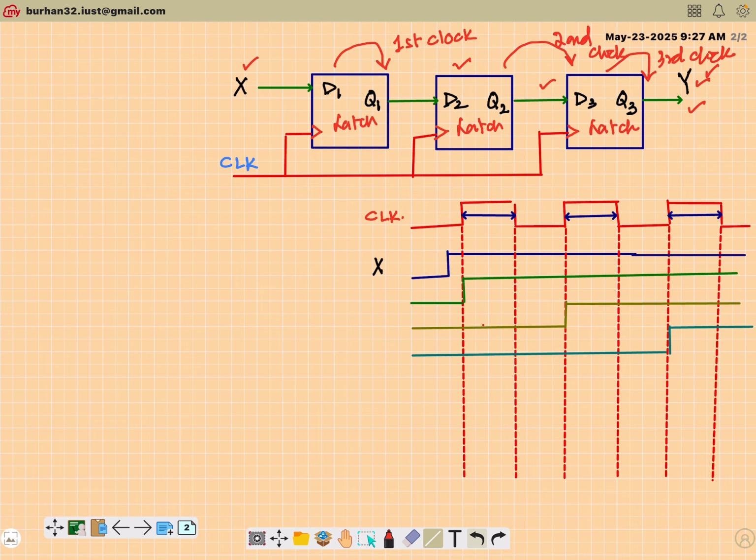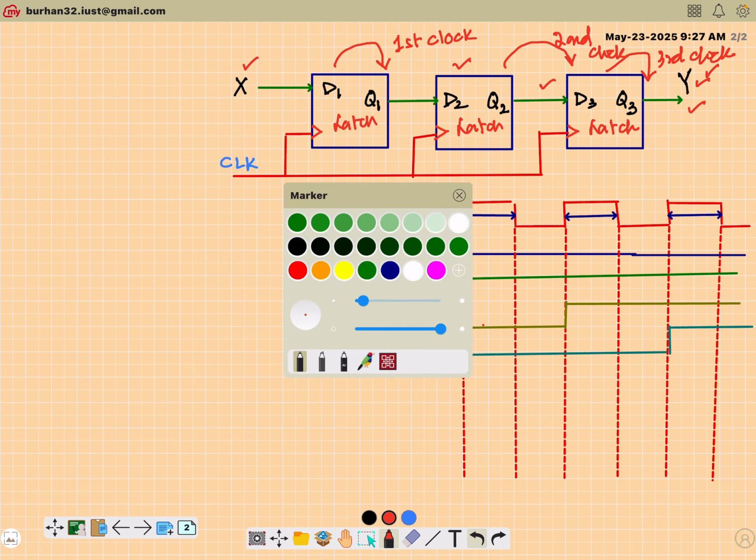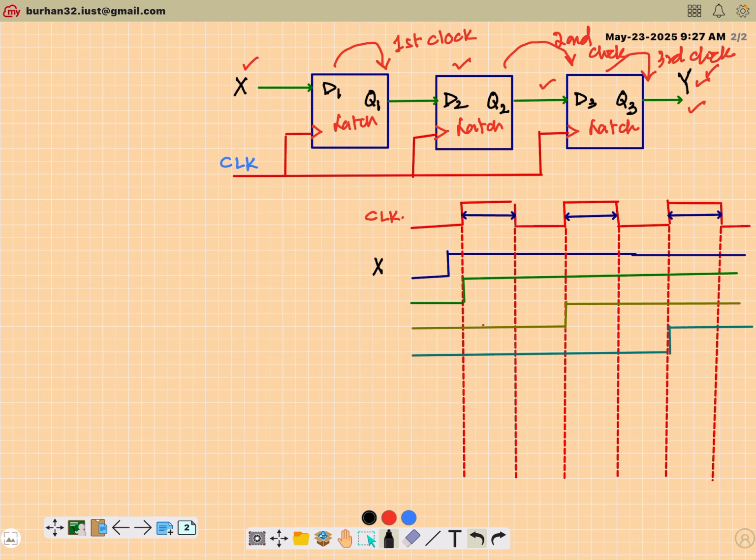And this is where after the third clock cycle I will get the output. So this is basically for your reference. I'm plotting here Q1, Q2, Q3, and Q3 is basically your Y. So as you can see, at the onset of the third clock cycle, I should have been getting my output Y. This is the expected behavior.